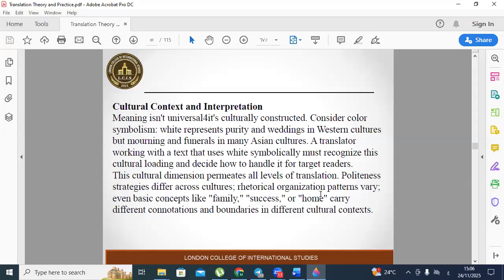A translator working with a text that uses white symbolically must recognize this cultural loading and decide how to handle it for target readers. This cultural dimension permeates all levels of translation: politeness strategies differ across cultures, rhetorical organization patterns vary, even basic concepts like family, success, or home carry different connotations and boundaries in different cultural contexts.